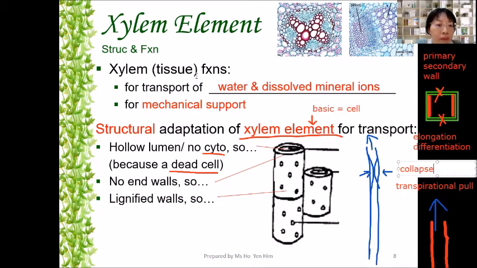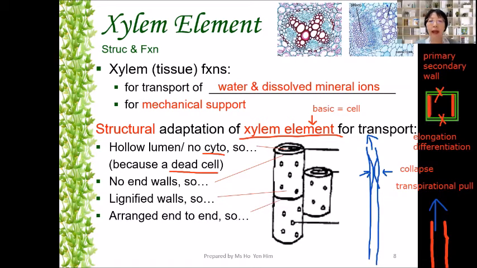Okay? So the cell not only has an empty, hollow lumen and no end walls, the cell will join end to end to form a very long tube. So it allows continuous flow of water from the root to the stem to the leaf without obstruction.